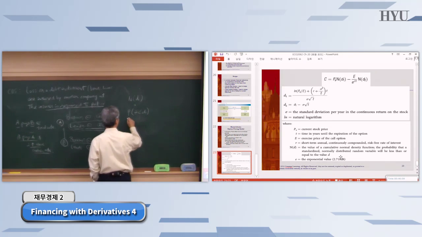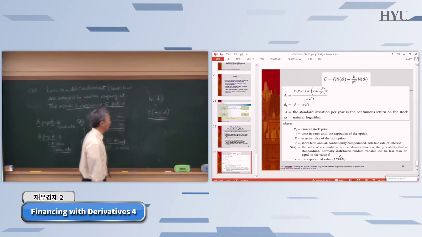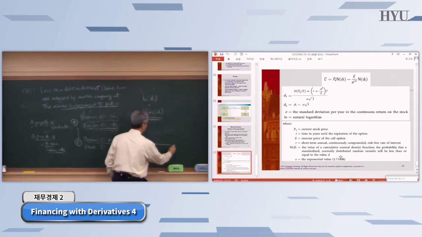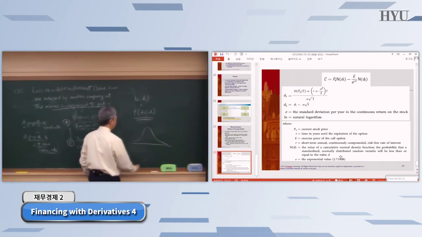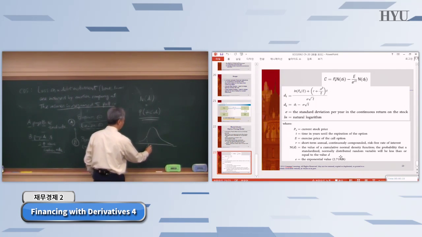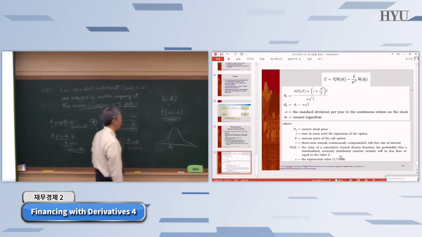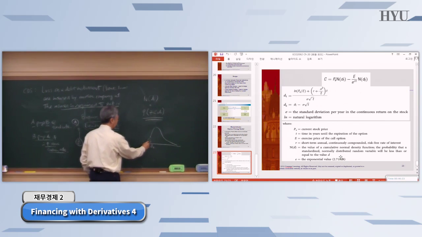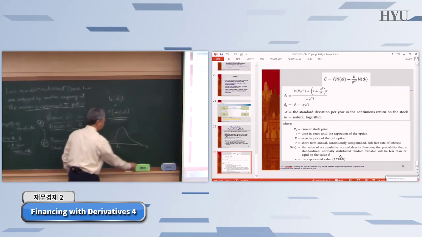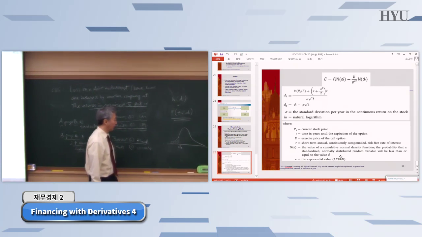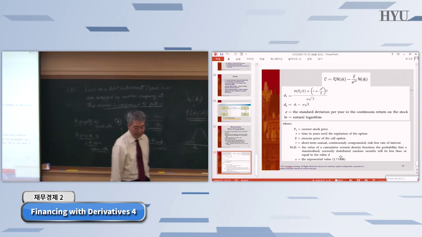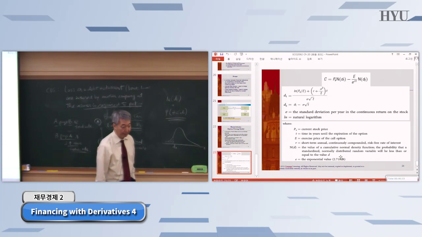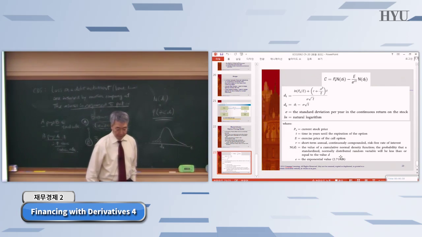In statistics, we write it this way, right? So when you have a standard normal distribution, if you have D1 here, what's the probability that your Z value, the standard normal variable, will be less than D1? The same thing with N(D2), right?